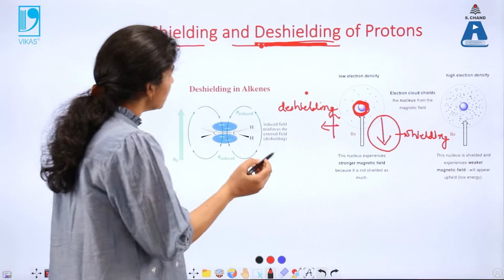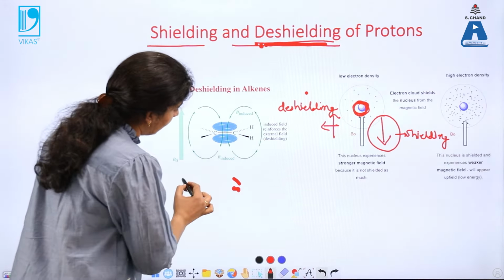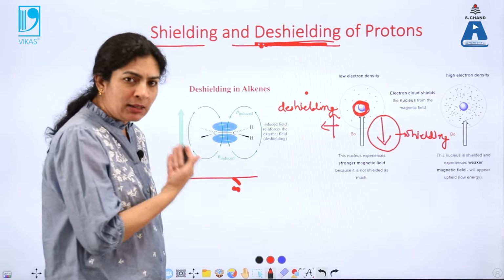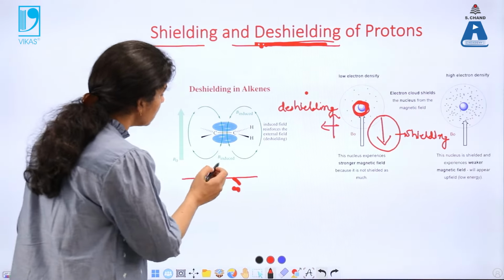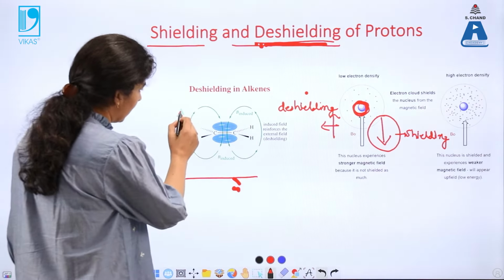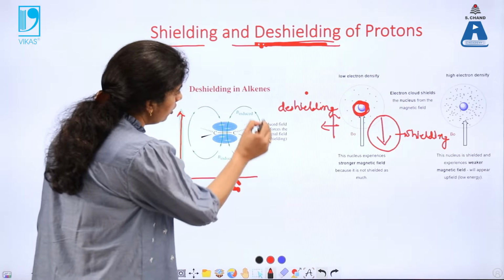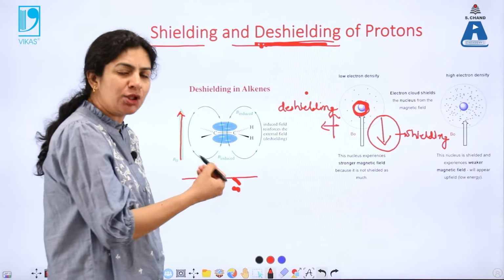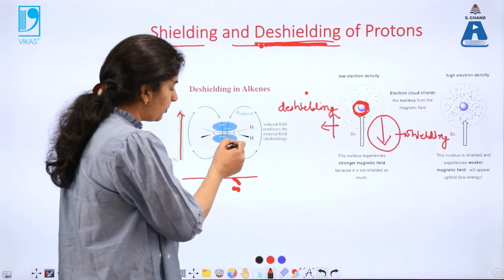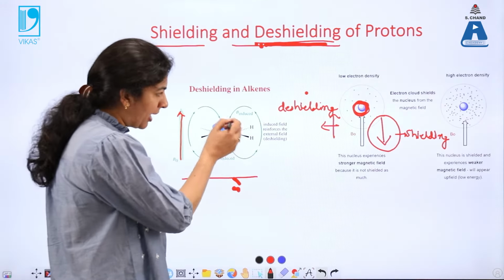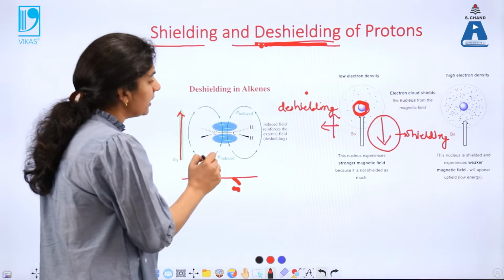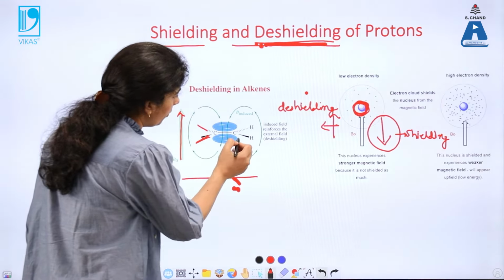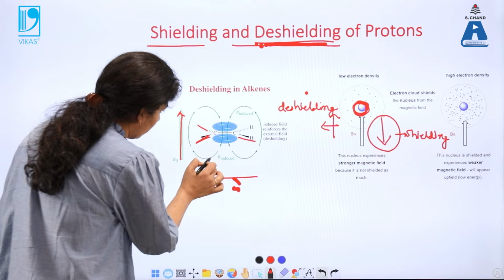Now we have understood, so the phenomenon of deshielding which is present in alkenes can be very clearly explained through this diagram, where we can see that this is the direction of the external magnetic field, and these loops indicate the circulation of the electrons. So this is the induced magnetic field which is generated due to the circulation of the electrons. This is due to the circulation of pi electrons which are present in alkenes, and we can see that the protons are present in this region, and in this region we can see the arrow.